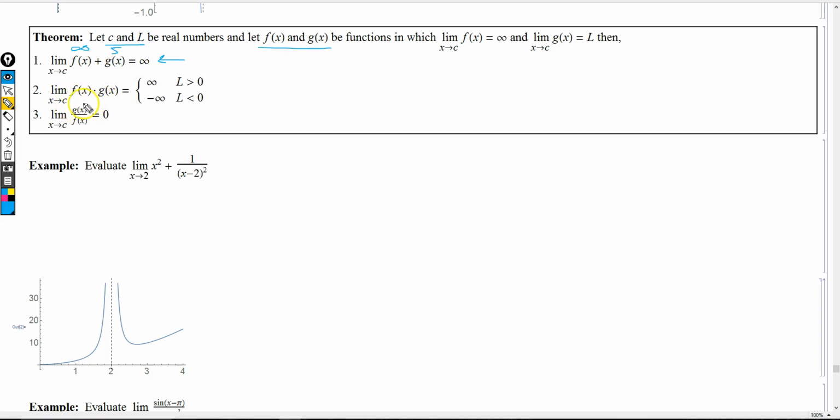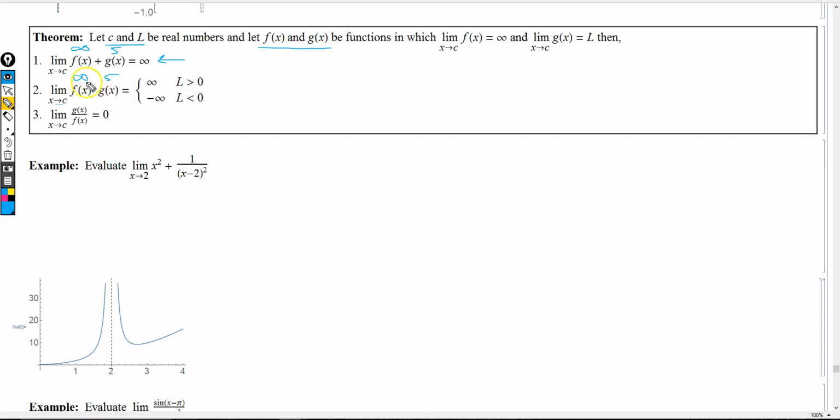Number 2 makes a statement that the limit as x approaches c of f times g is going to be, two cases here, infinity if L is positive, and negative infinity if L is negative. That makes sense also because if f is approaching infinity and g is approaching a number like 5, then 5 times a really large number is going to be a really large number.